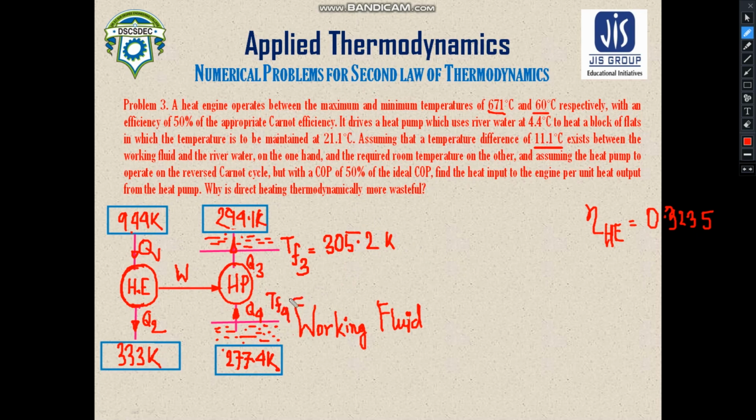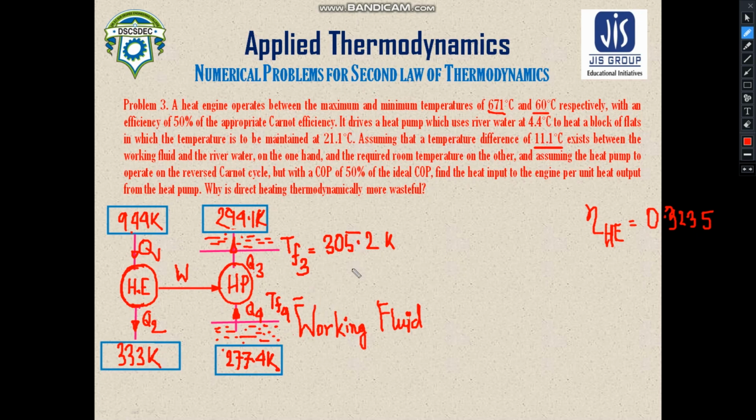Okay, now why is it so? Because the heat pump is heating up, so since the temperatures at which the heat pump is serving the water are mentioned, these temperatures need to be maintained at the specified rates. Now, when the working fluid is receiving heat, it will not be so much heated.